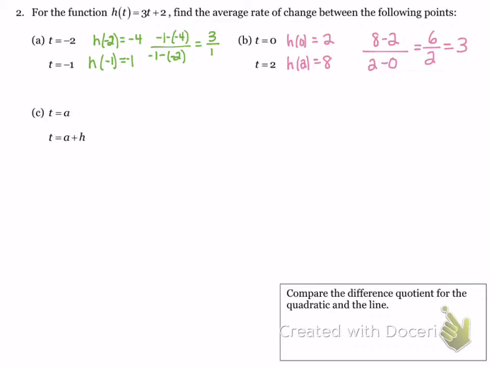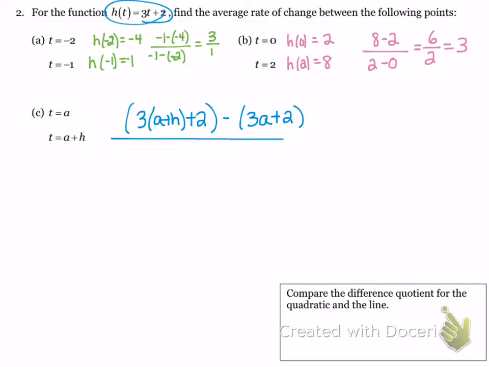So if we do the difference quotient again, for the linear function you see above, I'm going to have 3 times a plus h plus 2 minus 3 times a plus 2 all over a plus h minus a.